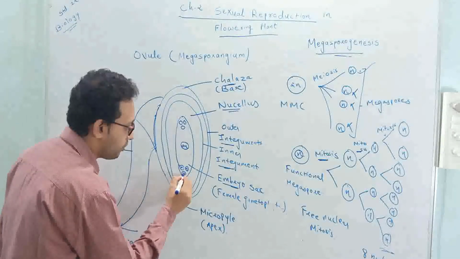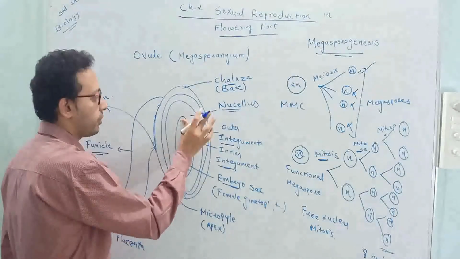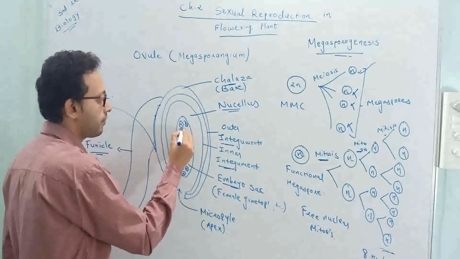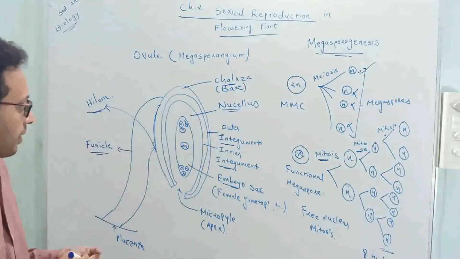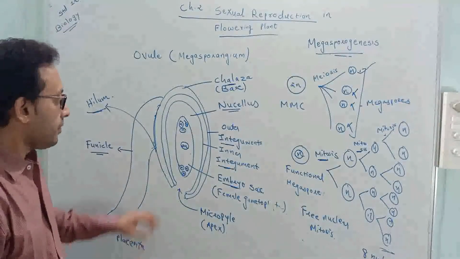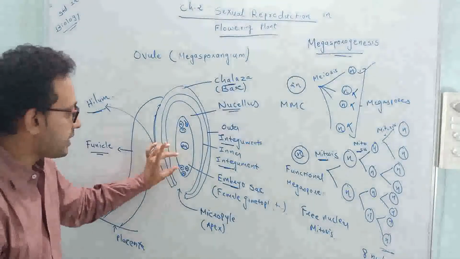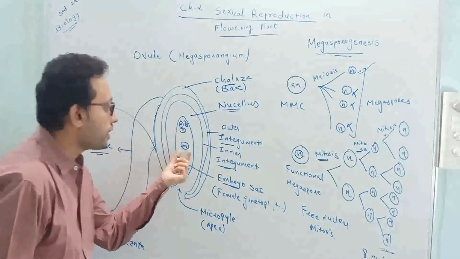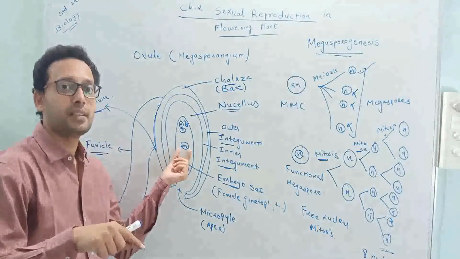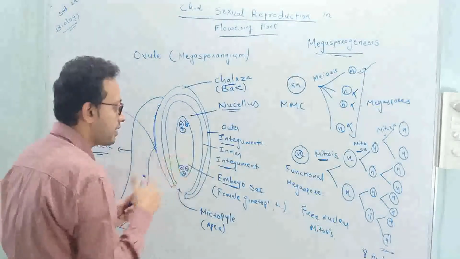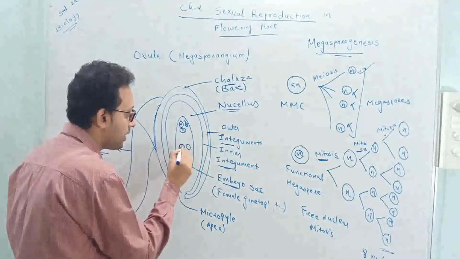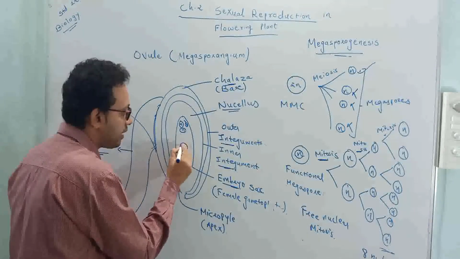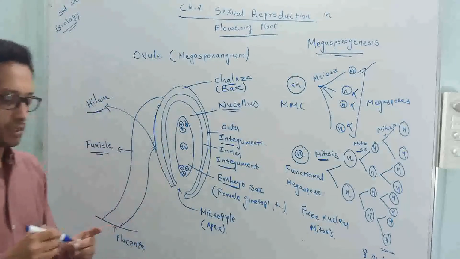It's very difficult to observe, but they are all haploid, n. The 2 nuclei in the center, n and n, combine together during the development and form a 2n.